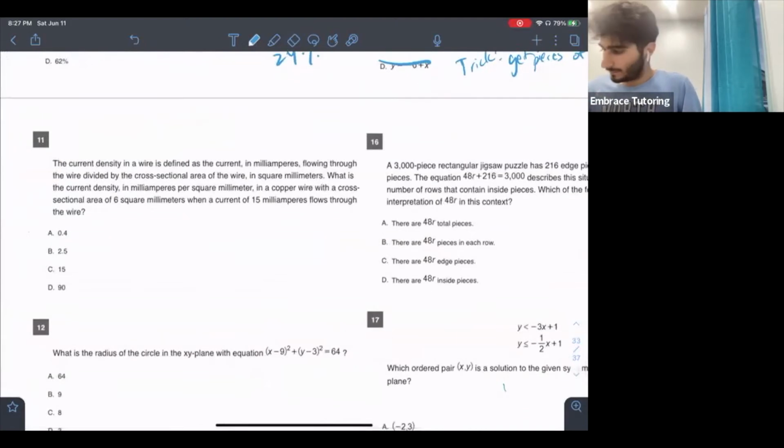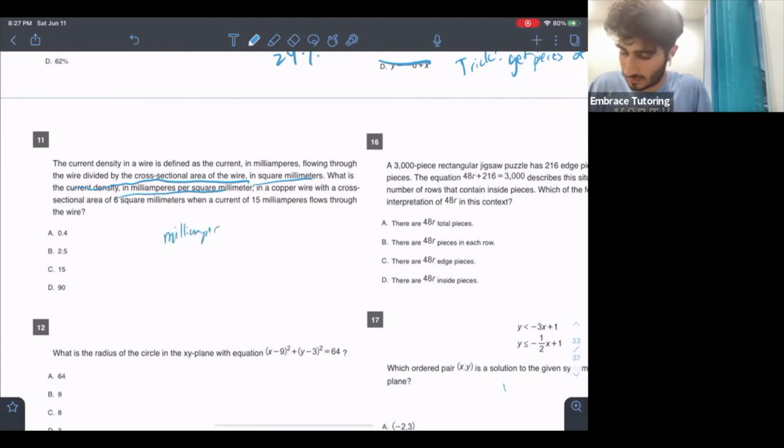Question 11. The current density in a wire is defined as the current in milliamperes flowing through the wire divided by the cross-sectional area of the wire in square millimeters. What is the current density in milliamperes per square millimeter? So milliamperes over square millimeters.